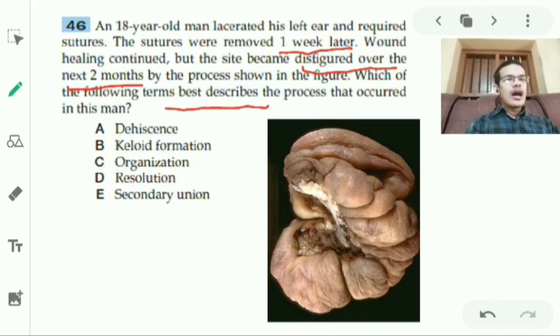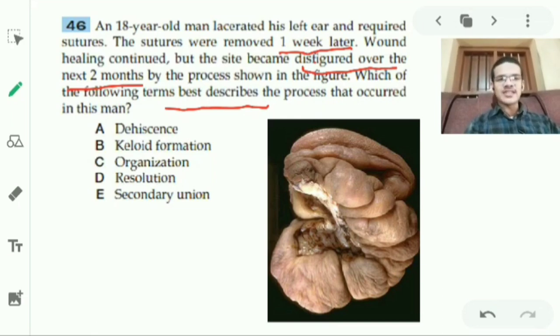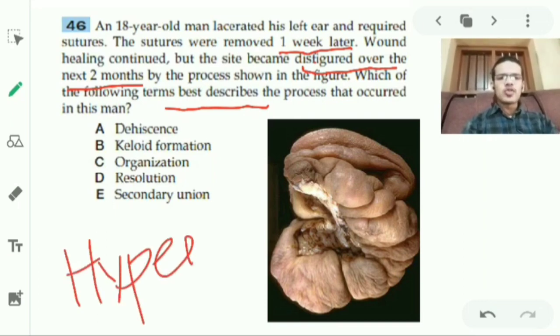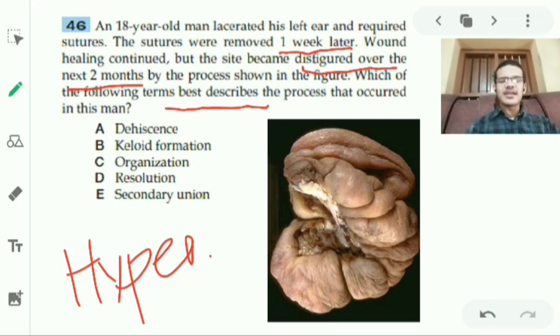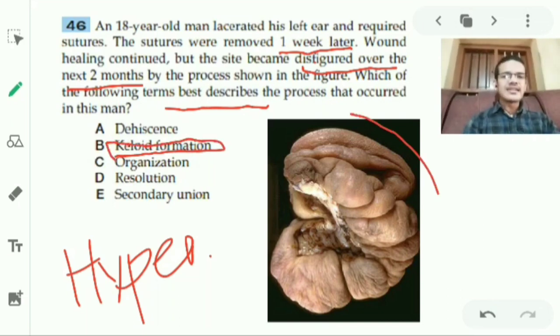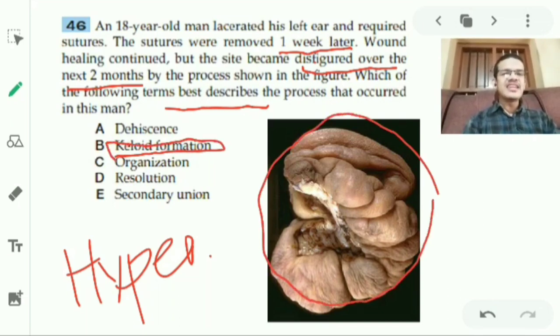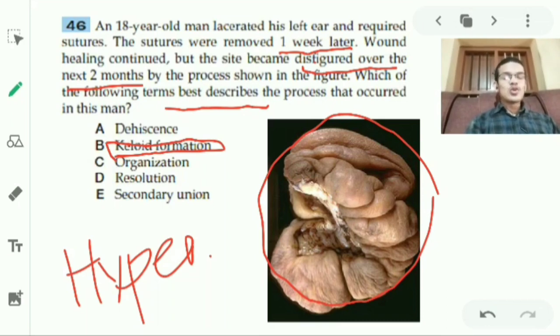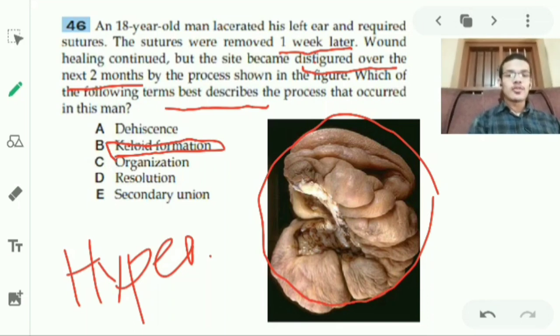So after healing, if the scar formation is more, we call it hypertrophic scar. And if it regresses after some time, what if it doesn't regress? It is known as keloid formation. So what you are seeing here is an excessive scarring of the ear of the person who underwent a surgery. Excessive fibrous tissue deposition, that is known as keloid formation.